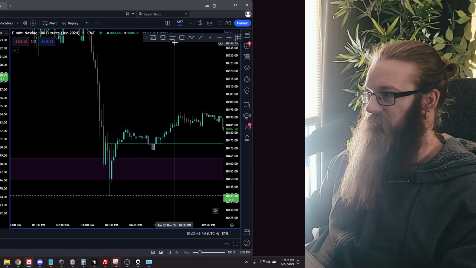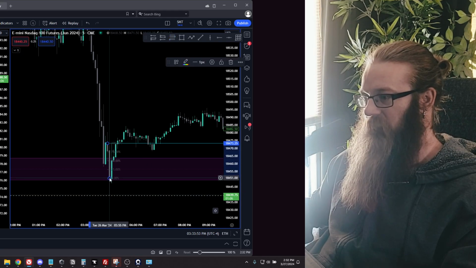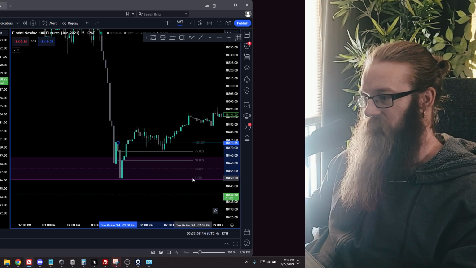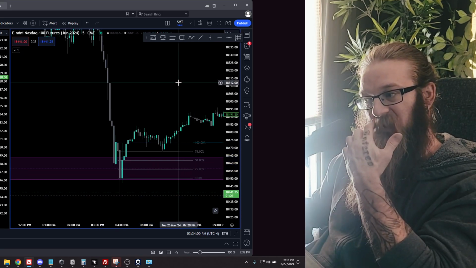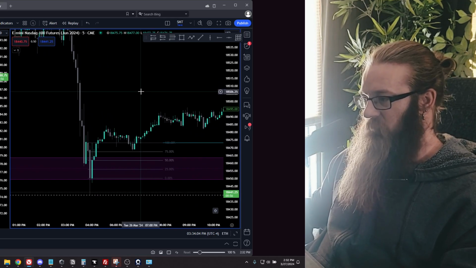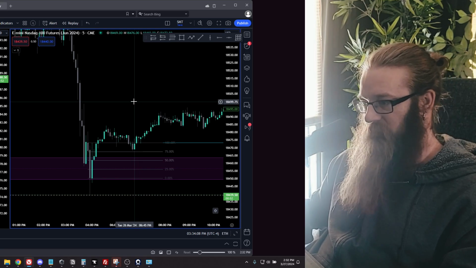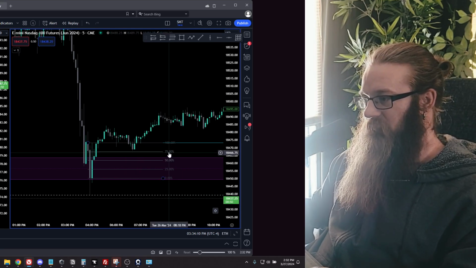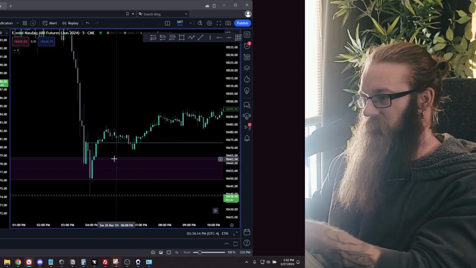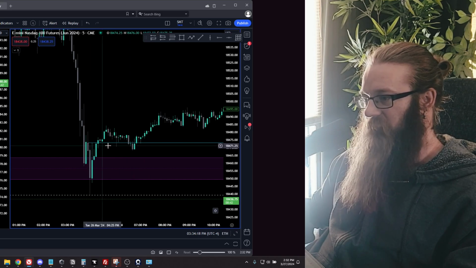ICT will say and teach that sometimes price can come down as far as 50%, which is mean threshold. That's fine. That's still respecting the order block, just like consequent encroachment of a fair value gap. You can see that nothing came down that far, which is great. You don't really want it to. You want it to respect as highly up as possible.